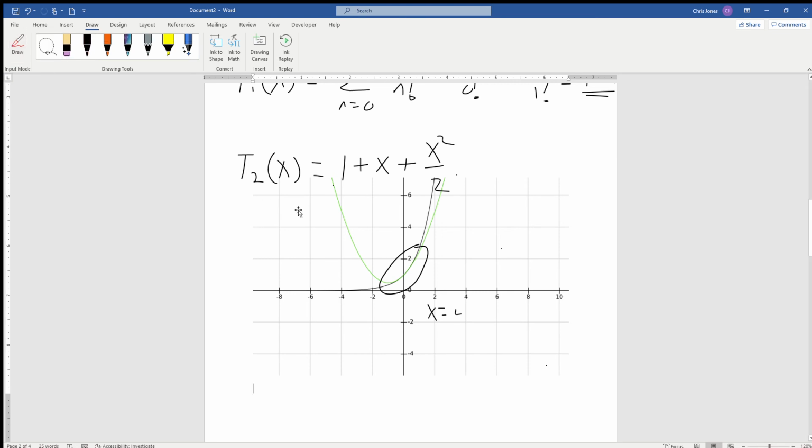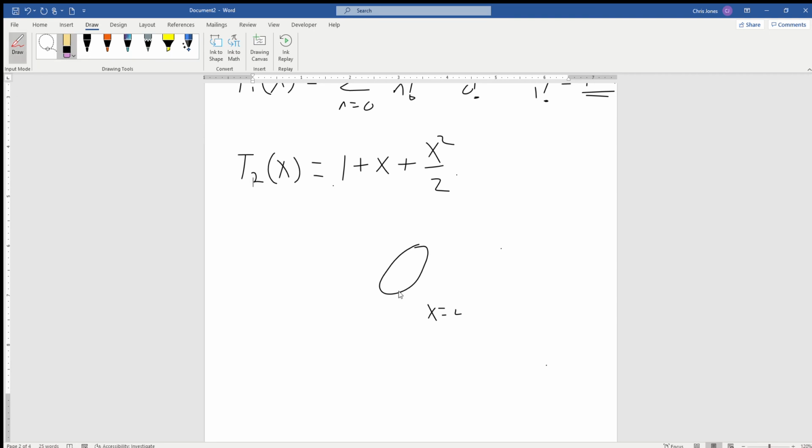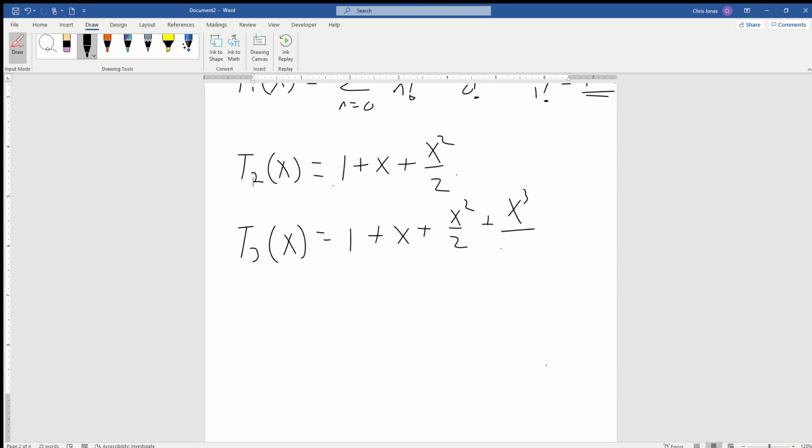So let's see what T3 and T4 might look like. So T3 of x, we're just going to add one more term. And now remember, it's going to be x cubed not over 3 but over 6, because 3 factorial is 3 times 2 times 1.